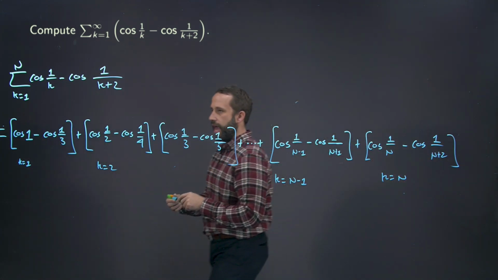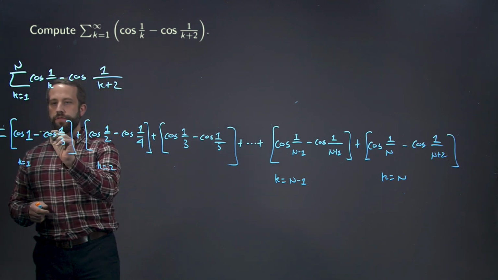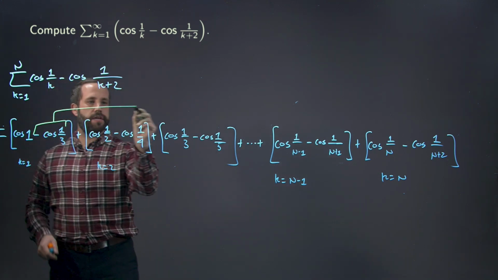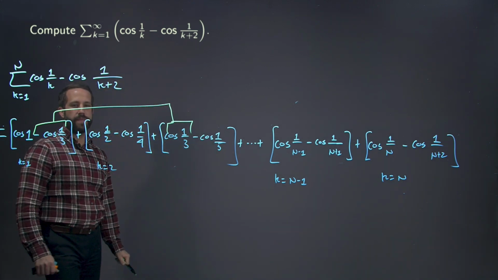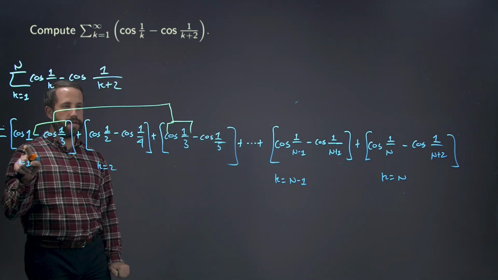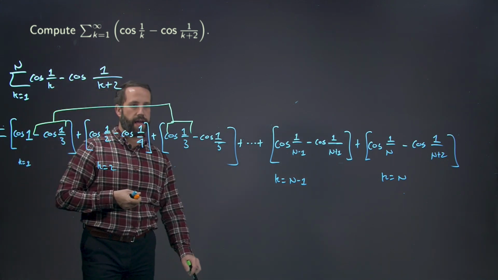Okay, so now let's see what's going to happen. The minus cosine of 1/3 here is going to cancel with this plus cosine of 1/3. The cosine of 1 doesn't have anything to cancel with. The cosine of 1/2 doesn't have anything to cancel with.